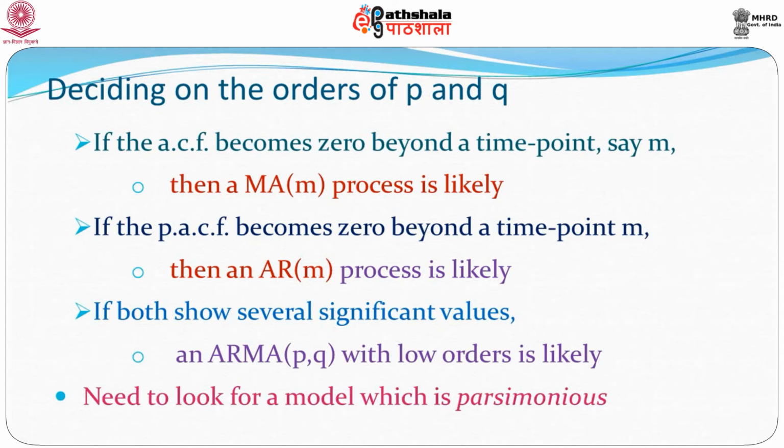So, what we would like to do is to have a model with as few parameters as possible, and that is the reason why we would not choose AR(12) and instead go for an ARMA(1,2) if that is possible. So, that is how we select between models. There will be several candidates and we will choose the one which has the smallest number of parameters, because that would give us efficient estimates, and if you have efficient estimates, the forecasting would be better in the sense of less prediction errors in the forecast.